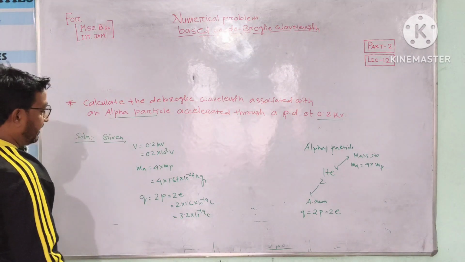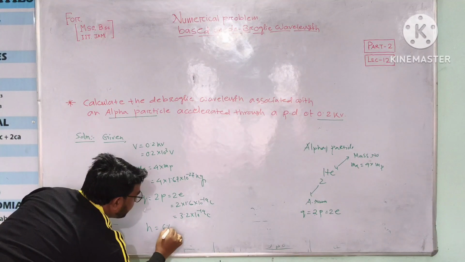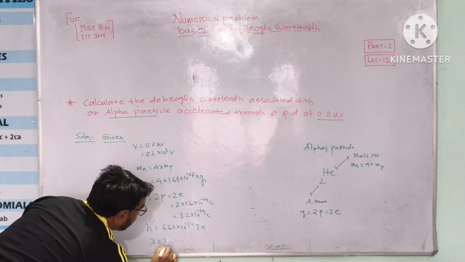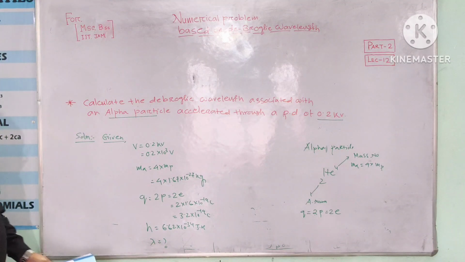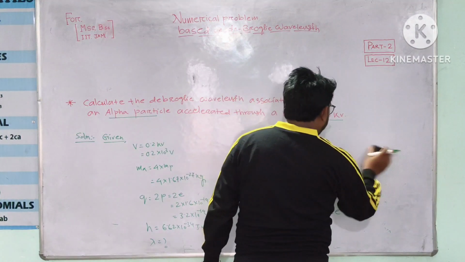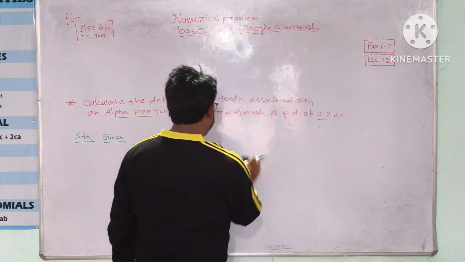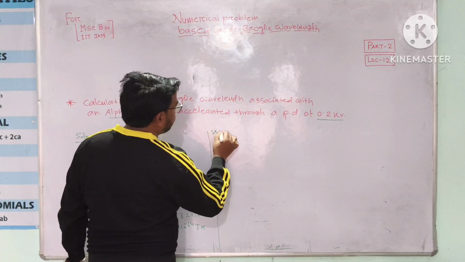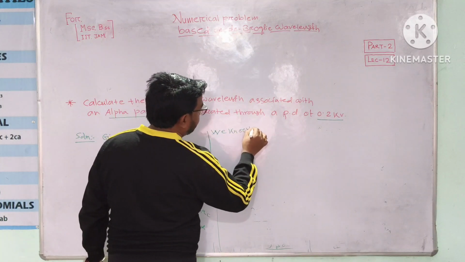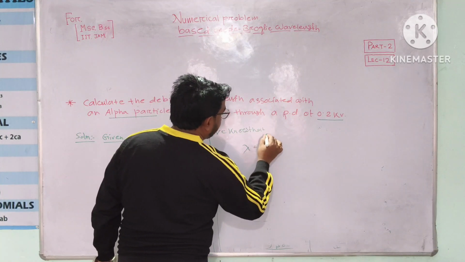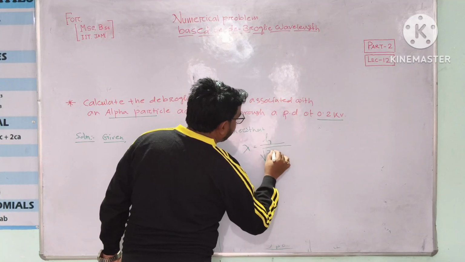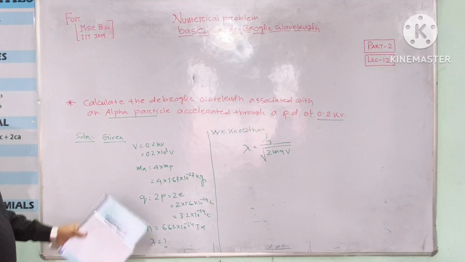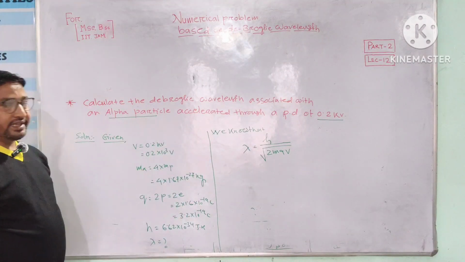Okay, and also Planck constant h equal 6.62 into 10 to the power minus 34 joule second, and lambda equal what? By using the de Broglie wavelength, we know that lambda equal h by under root of 2mqV. This is the expression of de Broglie wavelength in terms of potential difference.